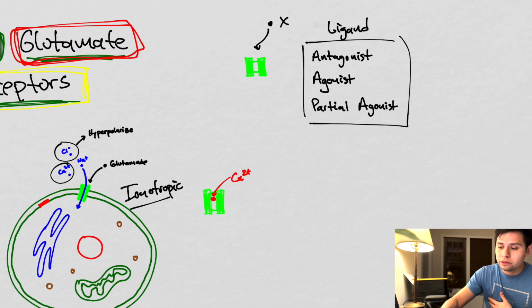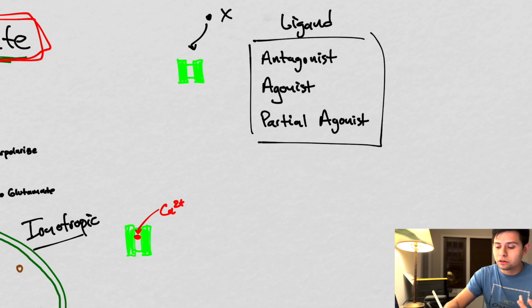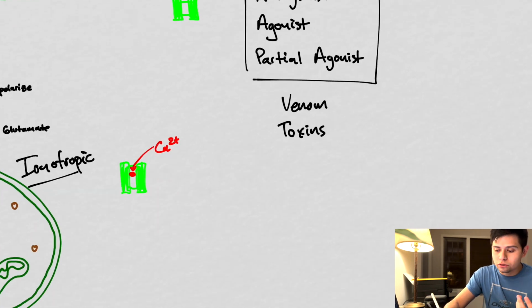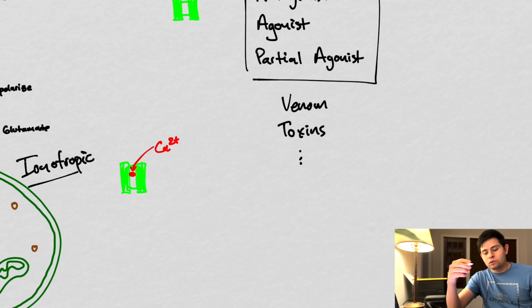And so those things fall under the list, right? So venom, toxins, and so forth, right? All the way down to not even those things, but like caffeine, for example. Caffeine has its own receptor types that it targets. Anything. This is a huge array.